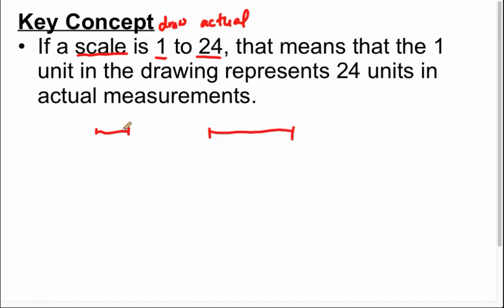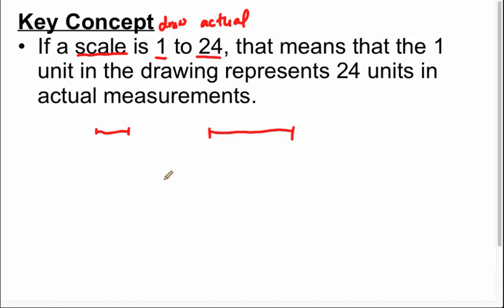Now, as you can see, it doesn't matter what unit I use, I just have to understand that I'm using the same units in both of these. So let's see, for example, this says I have a scale of 1 to 24. This scale doesn't have any units, but I can actually represent this same scale with some units.